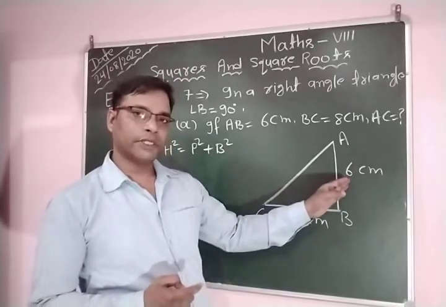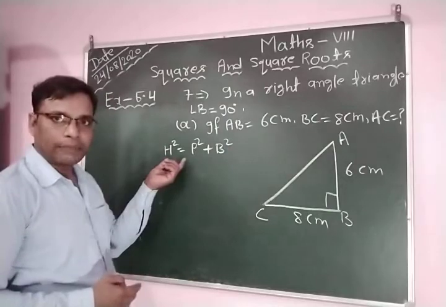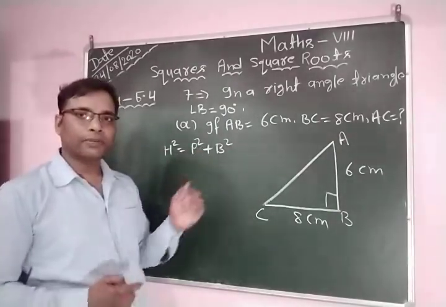So we take this as the perpendicular and this as the base. Clear? So we know square of hypotenuse is equal to square of perpendicular plus square of base.